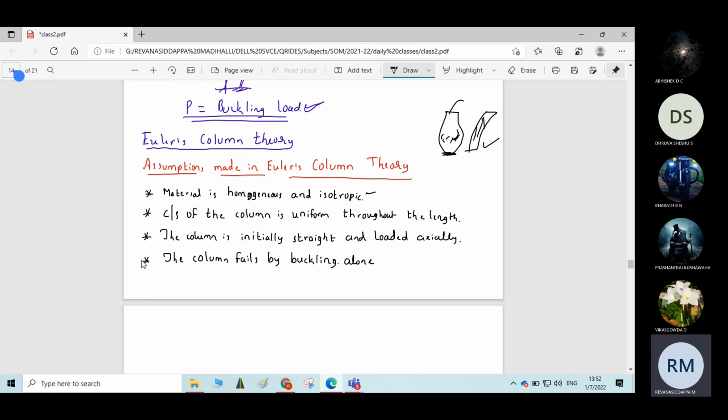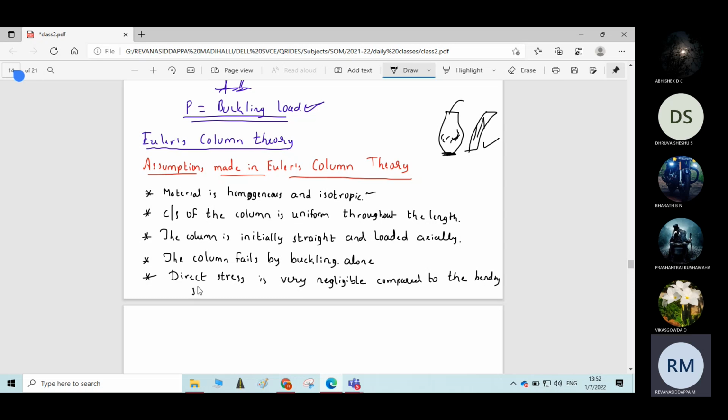Then the next assumption is the direct stress is very negligible compared to the bending stress.